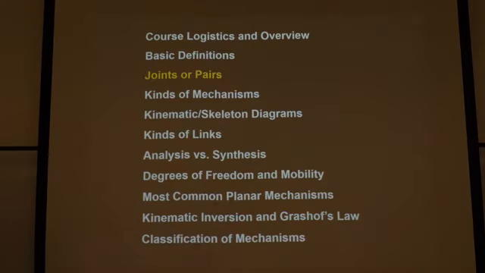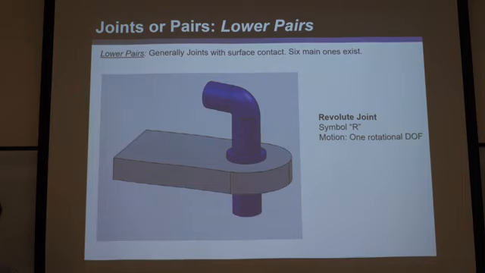Okay, so let's look at joints or pairs, and do some more definitions to help you understand the categories here. So there are 2 kinds of pairs or joints, right? There are lower pairs and there are higher pairs. And for lower pairs, first of all, there's really only 6 of them, or at least there's 6 main ones.